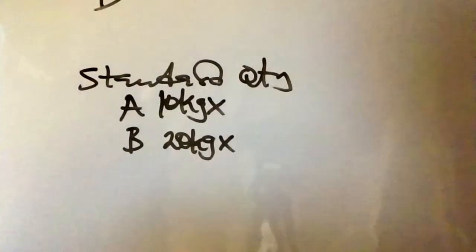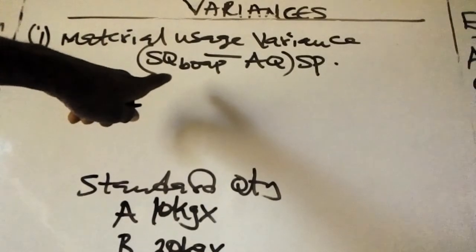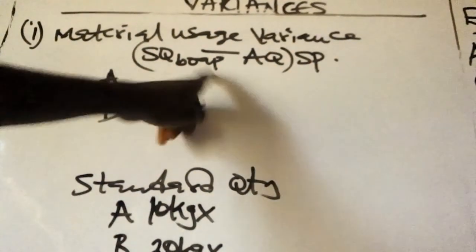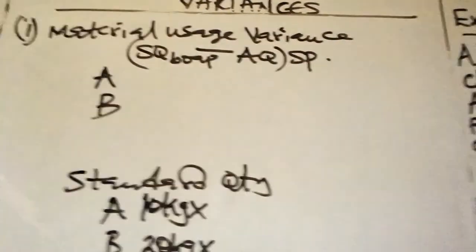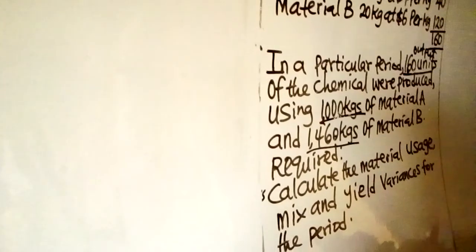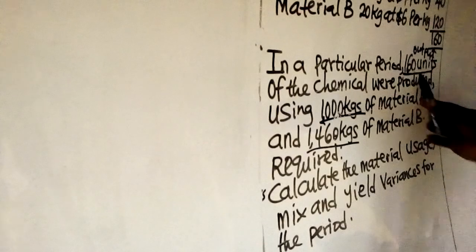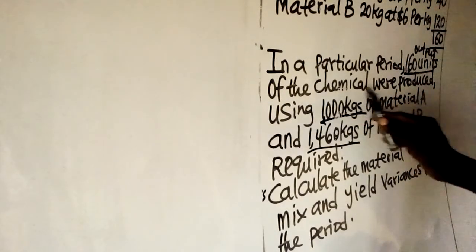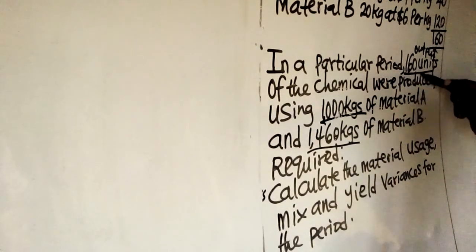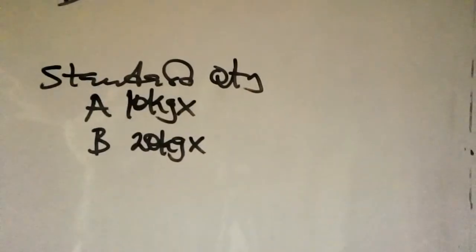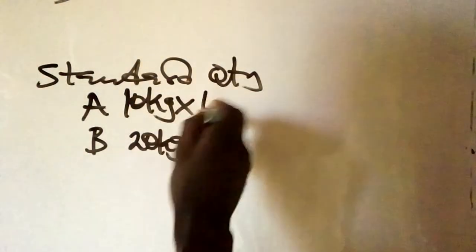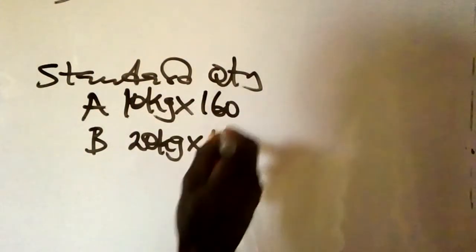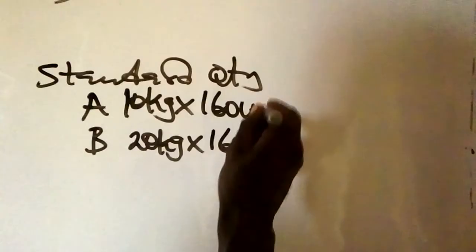I've told you that you have to weight it based on actual production, meaning that you have to multiply by the actual production. Now let's go through the question to find out the actual production. In a particular period, 160 units of the chemical were produced. That is the actual output, which is 160 units.